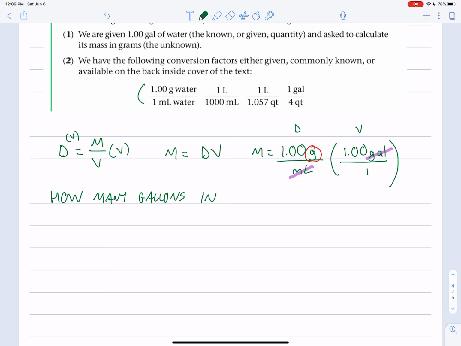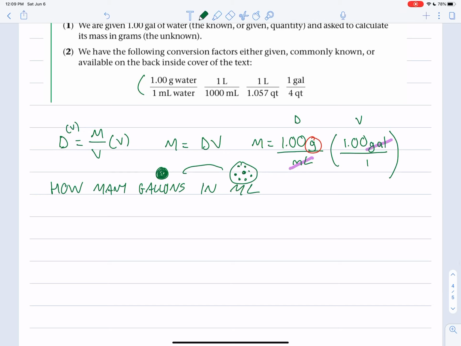And we're going from a large unit to a small unit. So many milliliters, many little guys, are going to fill in this big guy, all right? So let's keep that in mind.